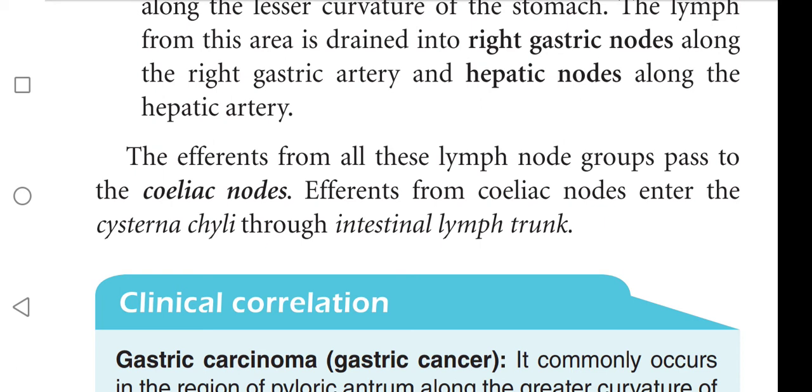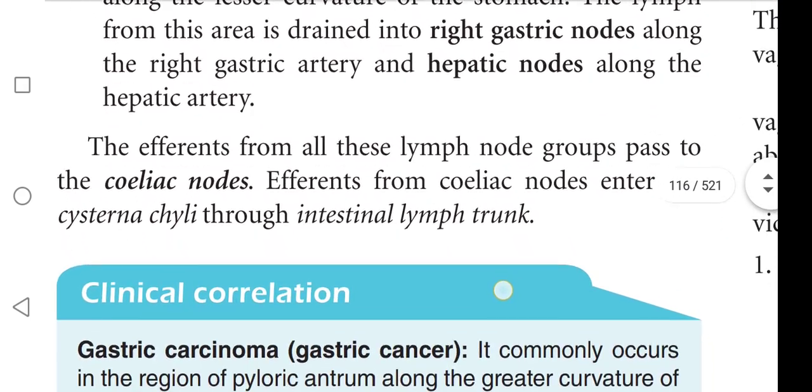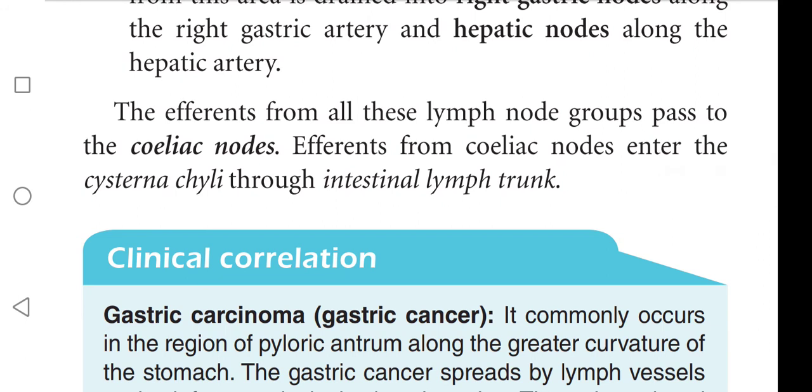Afferents from the celiac nodes enter the cisterna chyli through the intestinal lymph trunk, which reaches the largest lymph trunk, the left lymphatic vessel.